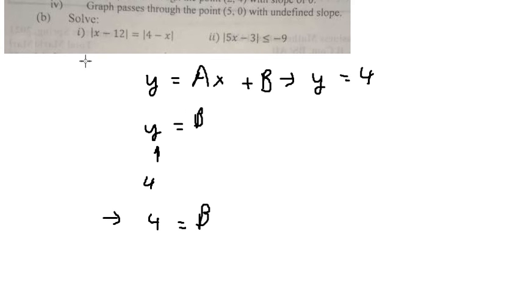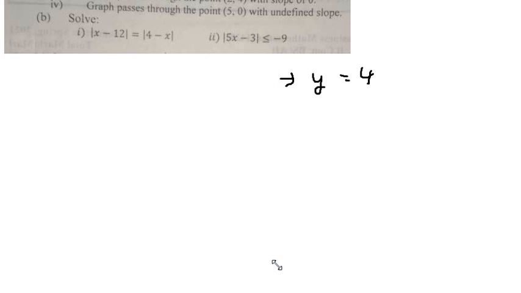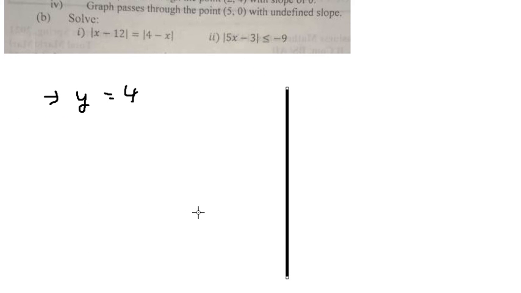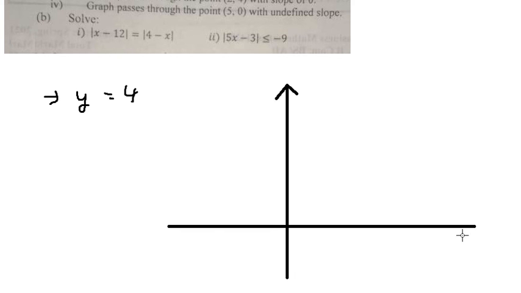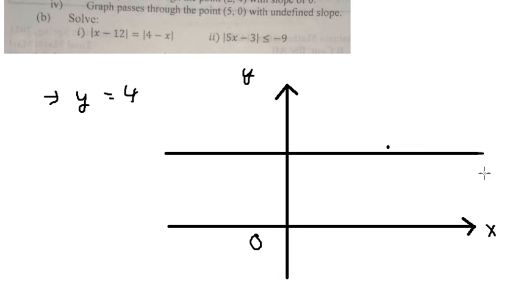Now we graph the function in here. So this one we put y is equal to 4. This is a horizontal line in here, and here is 4 at this point in here.